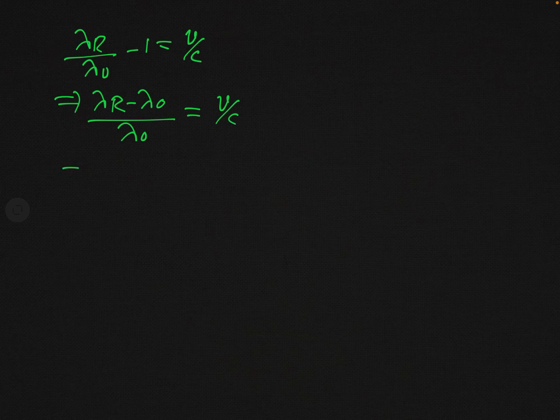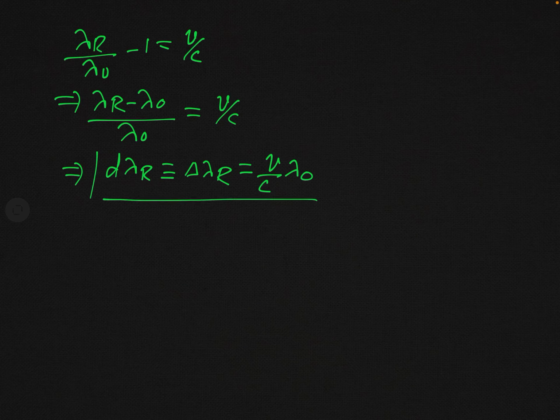Again, this lambda r minus lambda naught is the Doppler shift in wavelength, and as we have denoted it by either d lambda r, or when it is larger, by delta lambda r, that will be equal to v over c into lambda naught.